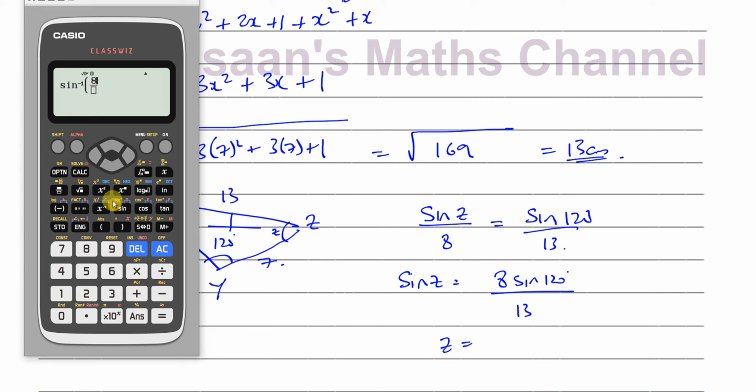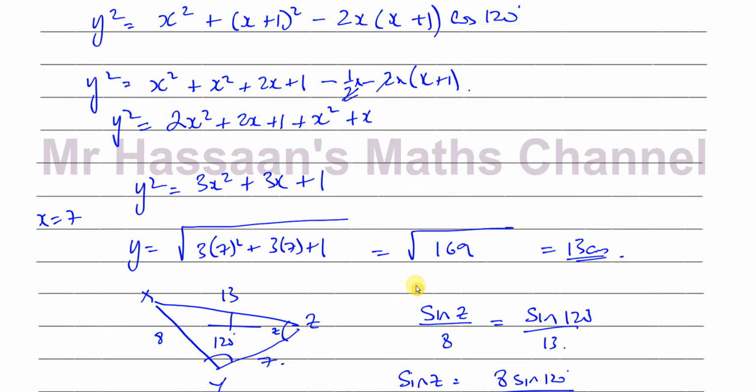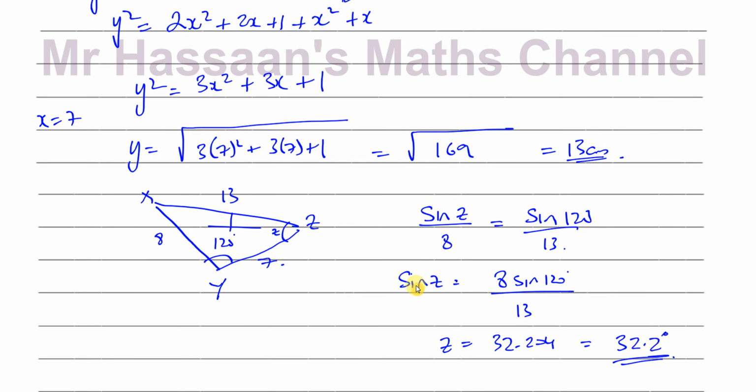We have 8 sine of 120 divided by 13, close that bracket, and that gives us 32.204, which is 32.2 degrees to 1 decimal place. So that's the angle called XZY. So angle XZY is equal to 32.2 degrees.